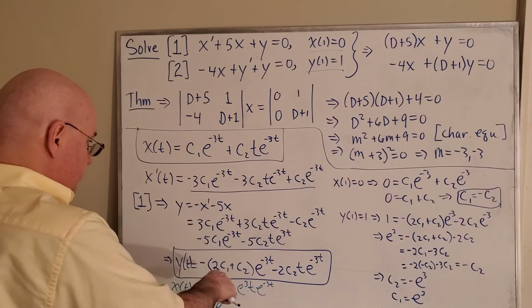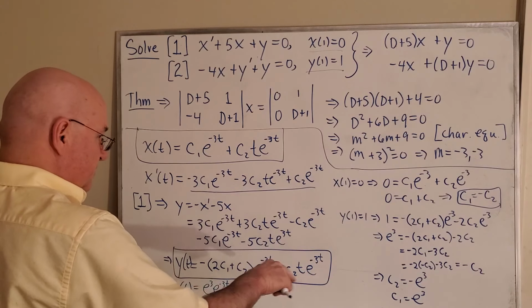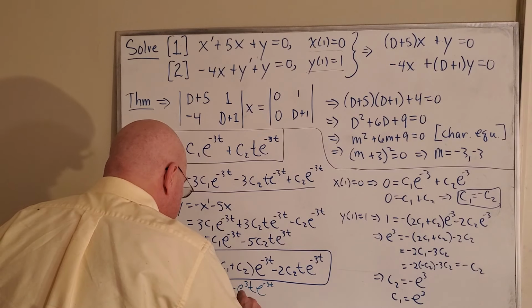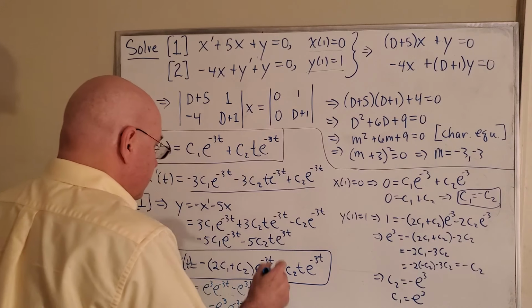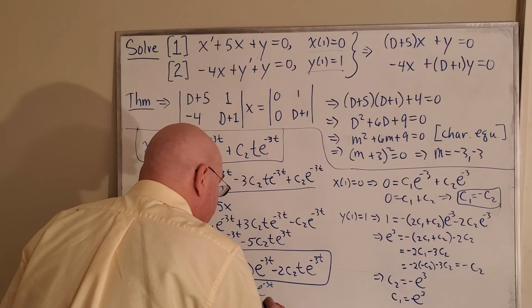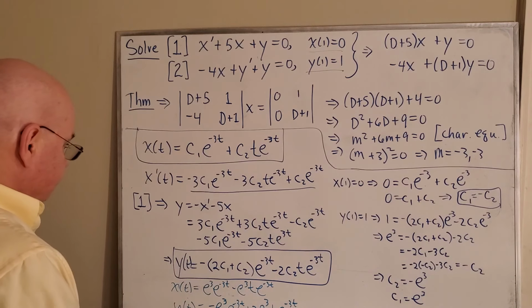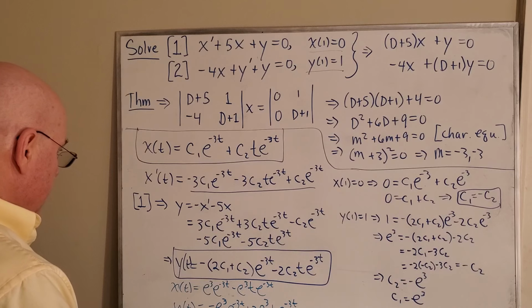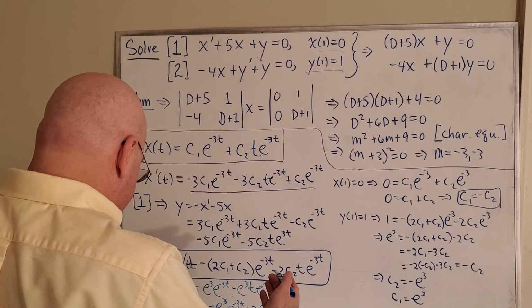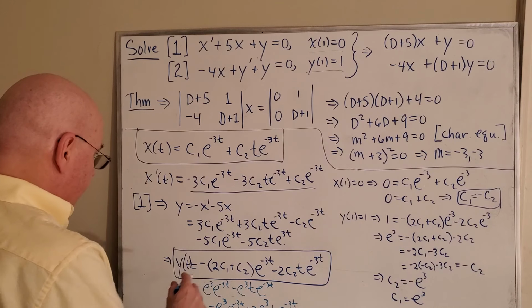Let me make sure I got that right. 2C1 is 2e cubed minus e cubed is just e cubed, so negative e cubed e to the negative 3t, minus 2C2 is negative, so that becomes a positive e cubed t e to the negative 3t. So now we've got the simplification here, where we've got e to the 3 times e to the negative 3 to the t. I guess I'll just combine it into adding exponents.